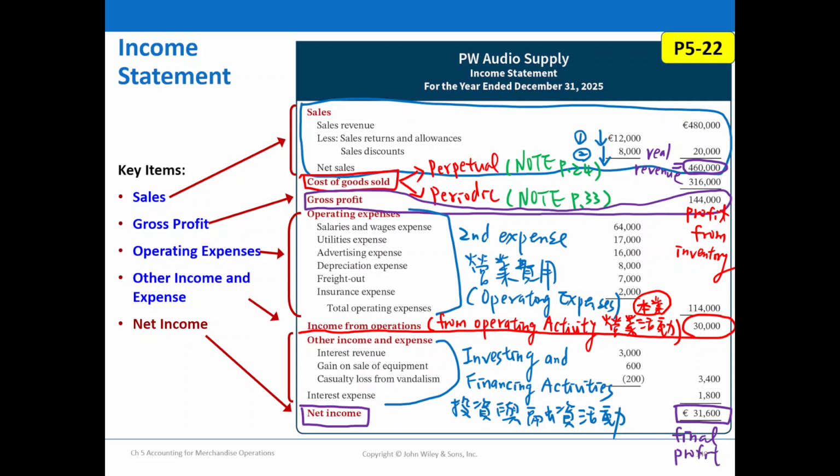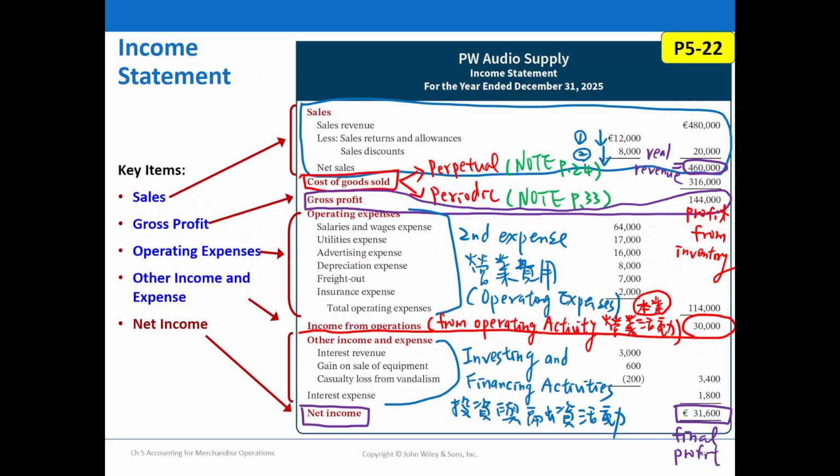It's only your first part, right? For the whole complete statement of comprehensive income, net income is not the last one. When you cut it into two parts, this is part one. Part one ends with net income.